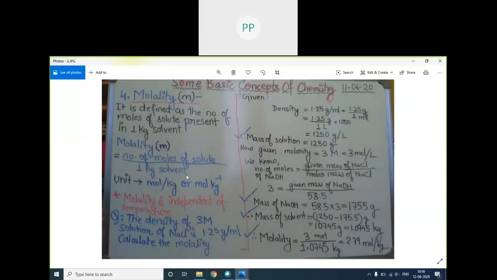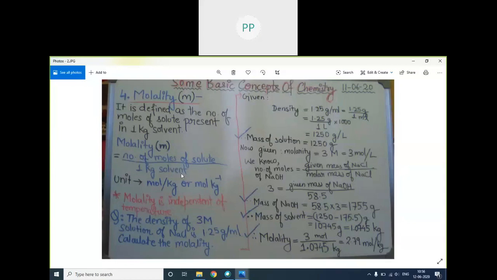Compare with molarity: number of moles of solute, the numerator part, is same, but in the denominator part the difference is that in molarity it was volume of the solution in liter, but here it is mass of the solvent in kg.